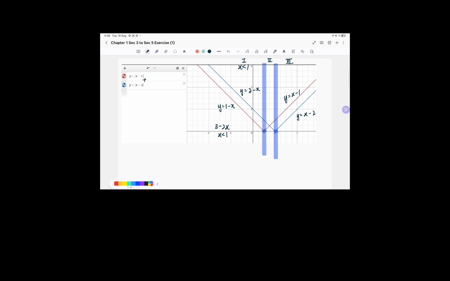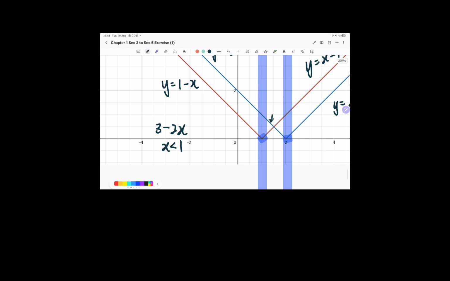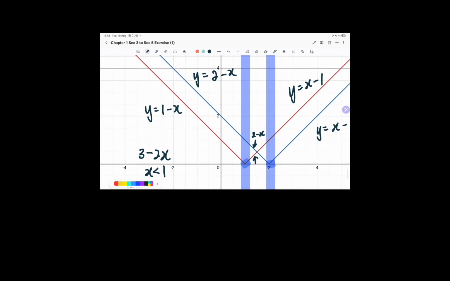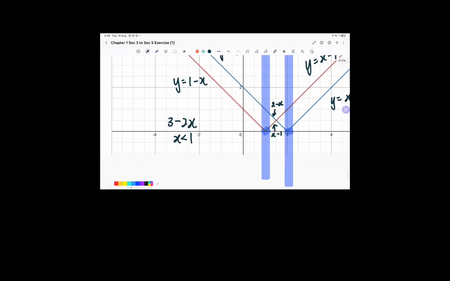Then we come to the second region. What is the expression of this? 2 minus x, right? The expression of this, x minus 1. So when you add them together, 1. And the condition is between 1 to 2.